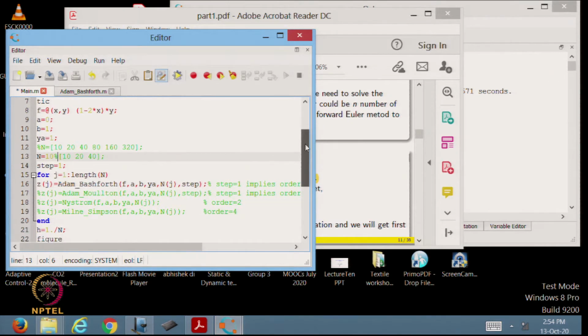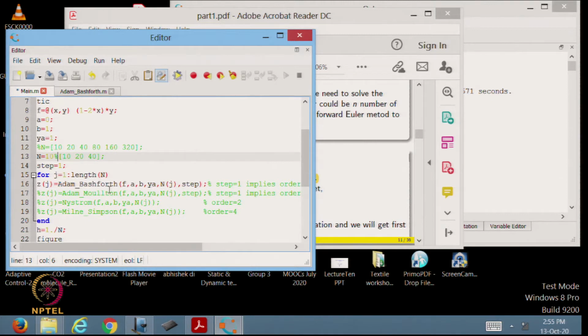Okay. And then whatever algorithms of the Adams-Bashforth method with different orders, I have implemented those algorithms in a separate function whose name is Adams-Bashforth.